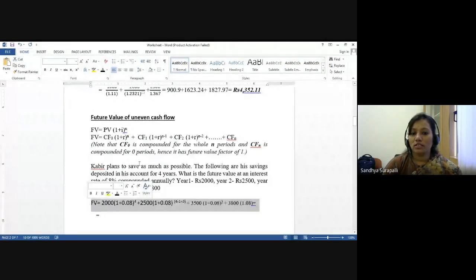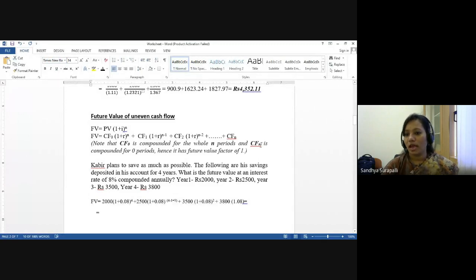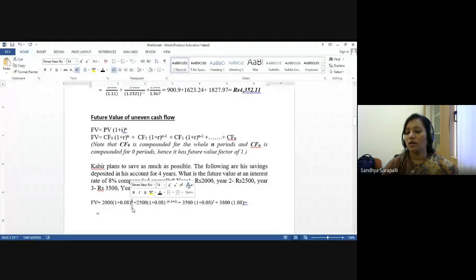You have a small discrepancy for what I have shown and what is last. We are not getting just cash flow in the future. CFN means as it is you have to take. Here what is happening, CF naught is assumed as in the first year, at the beginning, whatever you are investing. So if we are assuming it as the beginning of the year cash flow, then we will assume it to be invested for 4 years.